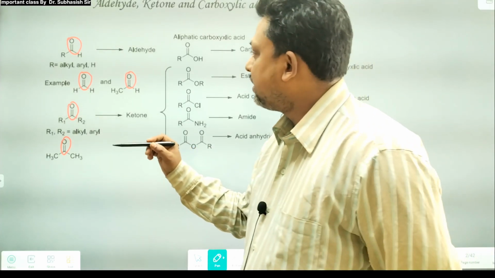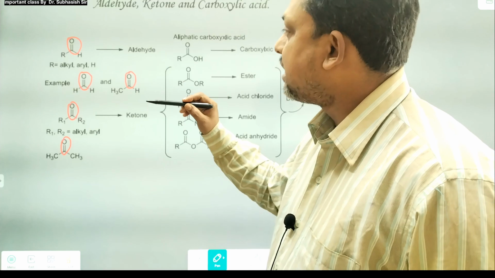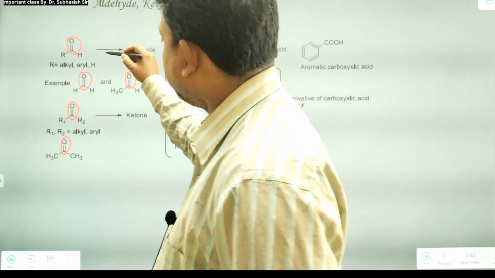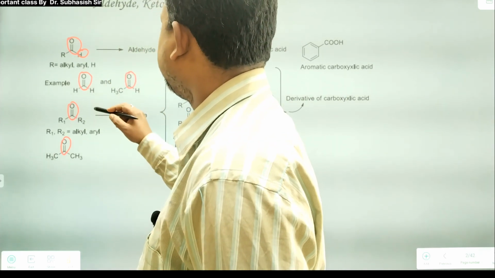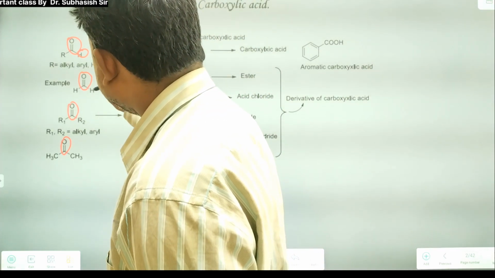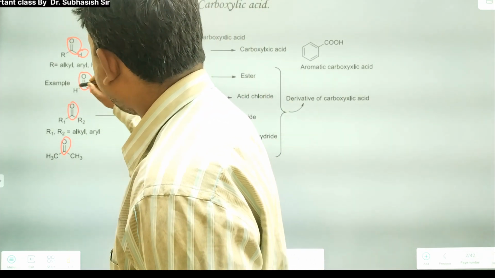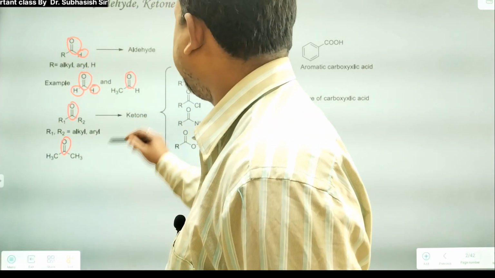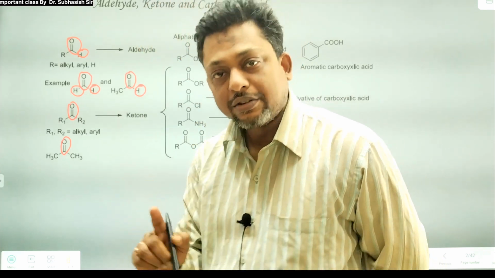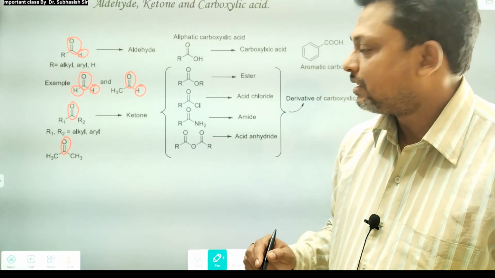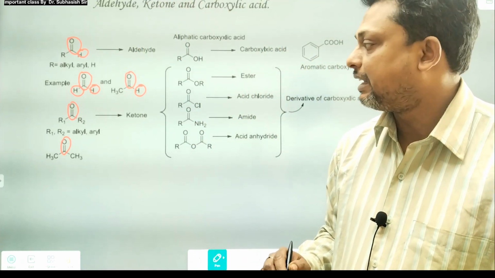The difference between aldehyde and ketone is that in aldehyde there is at least one hydrogen present. Here two hydrogens are present, so this is also an aldehyde, but at least one hydrogen should be present, then we can call it an aldehyde.